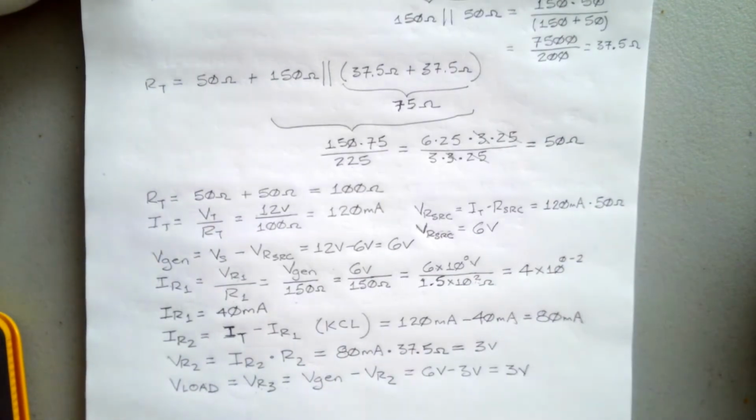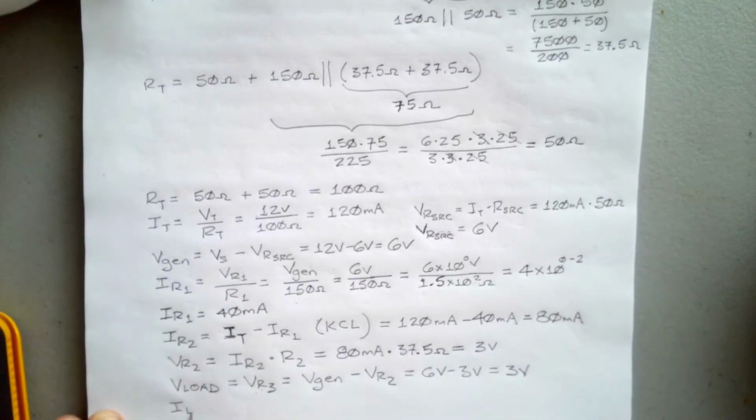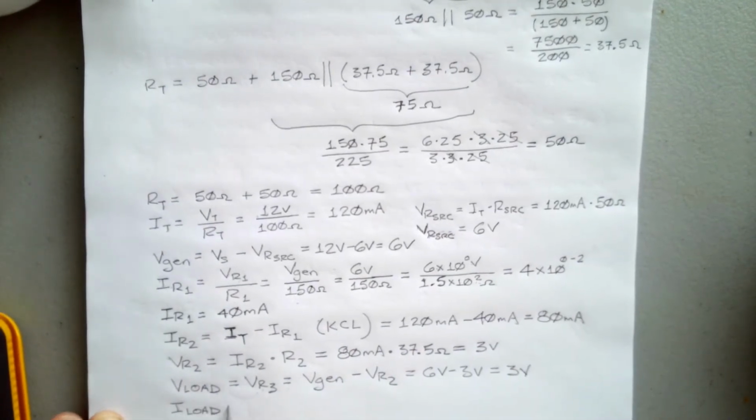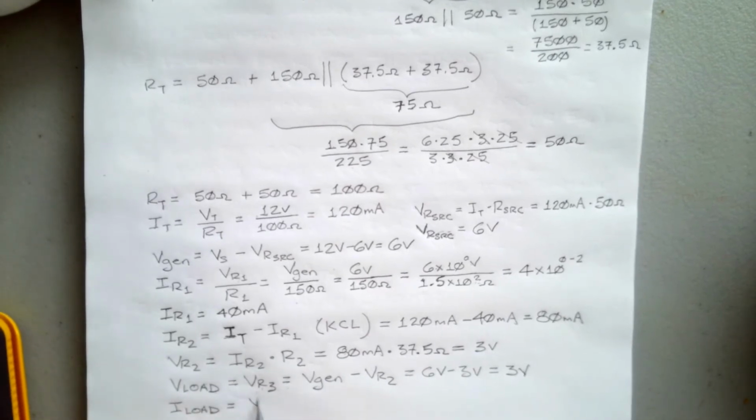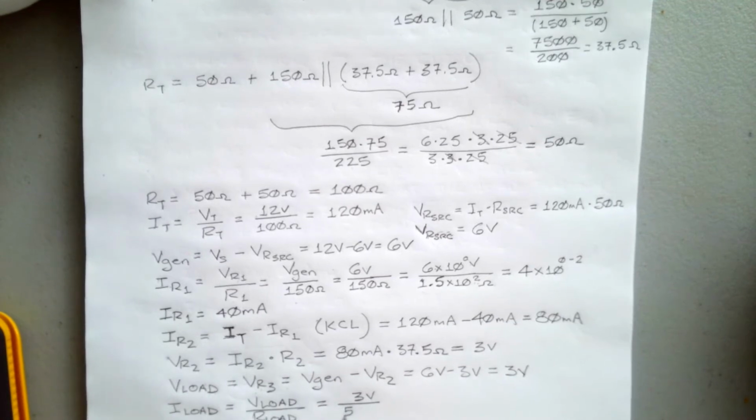So let's figure out the current in the load. I load equals V load over R load. And so that's equal to 3 volts divided by 50 ohms.